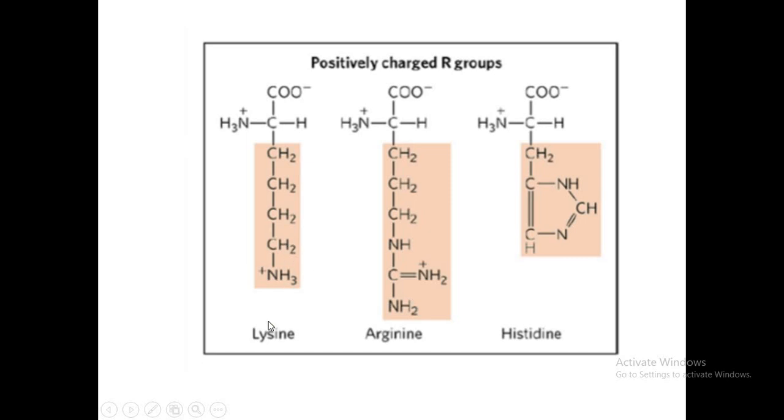Then lysine is a positively charged amino acid, and it has a second primary amino group. Here we can see the first amino group is here and the second primary amino group is here at the epsilon position of its side chain.